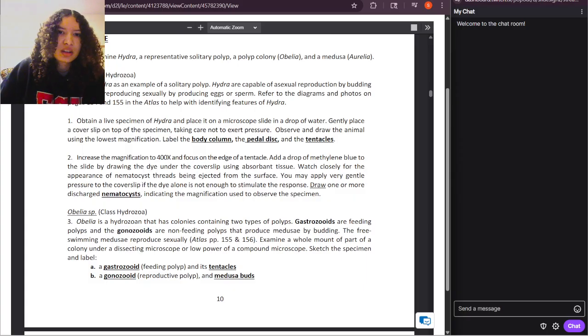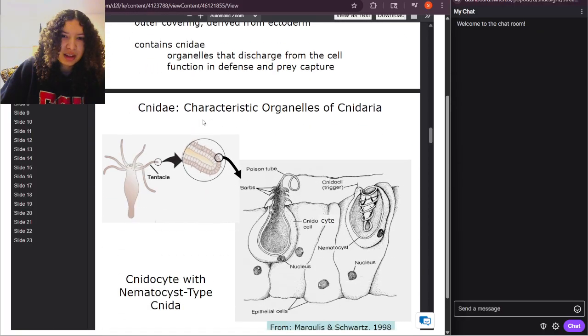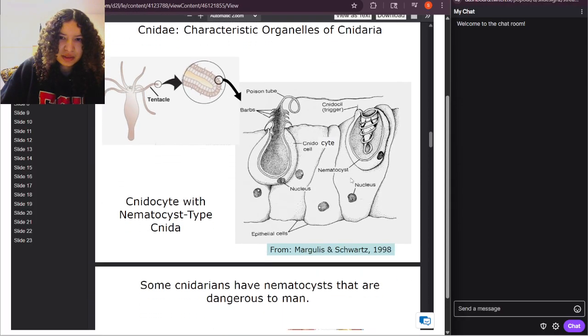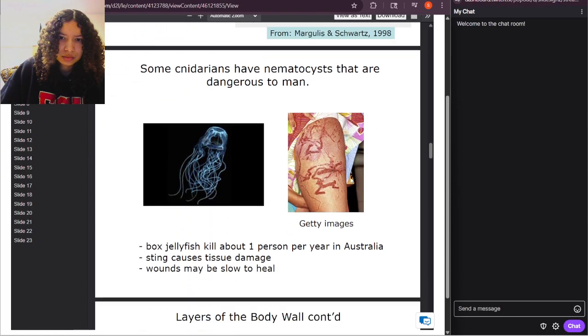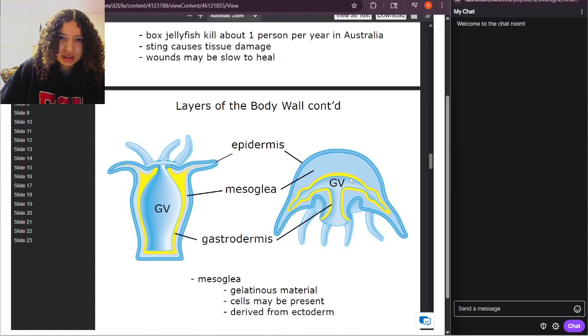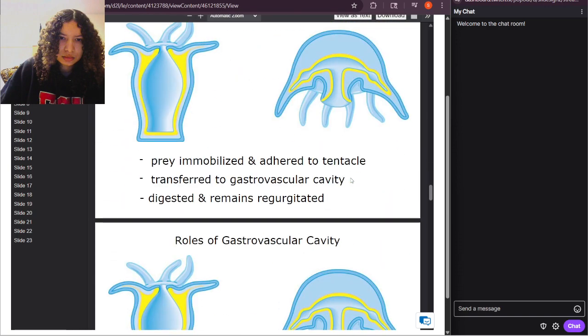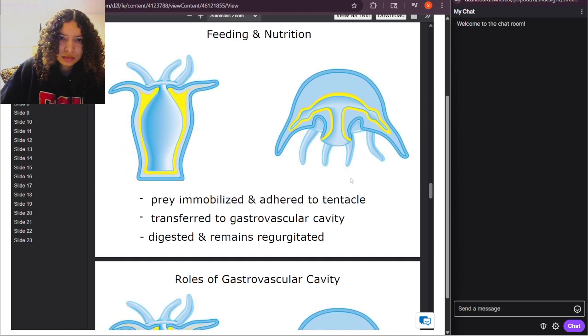So, since this is the lab, we're not actually doing the lab, we're just going to see if we can identify the different things. Prey immobilized. Okay.